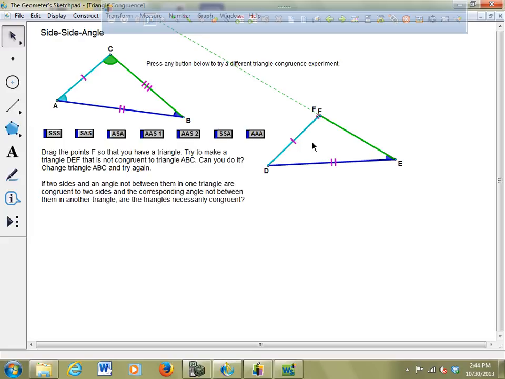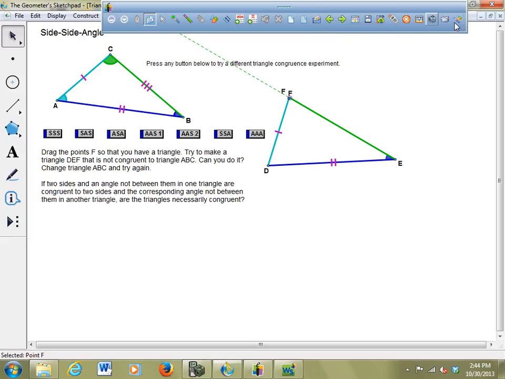So this side, and then that angle. This side, and then that angle. But if I make this an obtuse or a bigger triangle right there, then this triangle is not congruent to that triangle. So side-side-angle, not only because it spells a bad word, but also because it doesn't work.